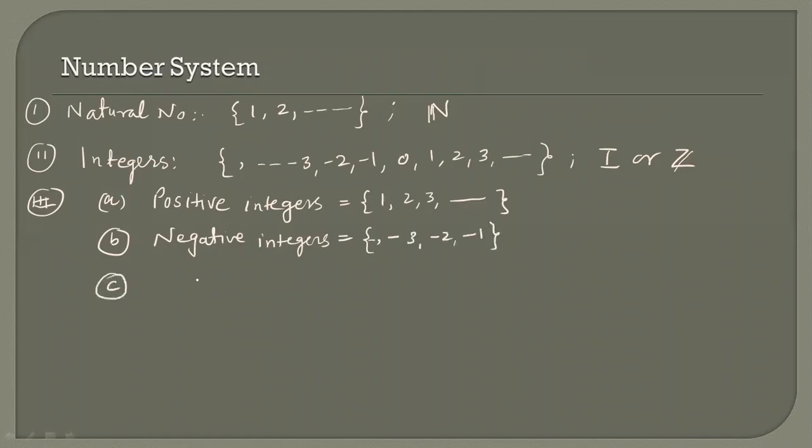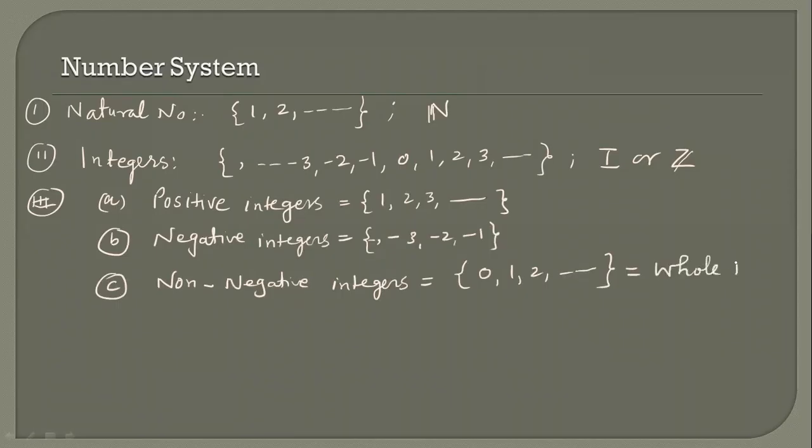And the third is zero, or some notation uses non-negative integers. In the non-negative integers, 0 is included. It means 0, 1, 2, 3 and so on. Some people also call it whole numbers.